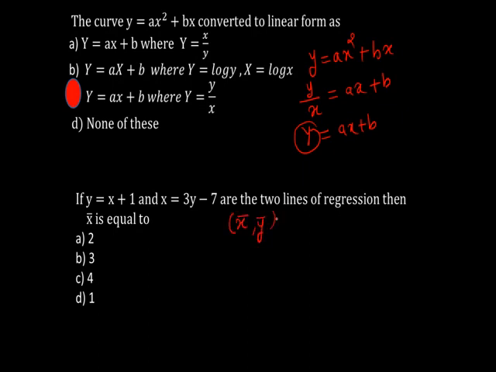So this point satisfies these two equations. The two equations will take the form y bar is equal to x bar plus 1 and x bar is equal to 3 y bar minus 7. Just replace x and y by x bar and y bar and solve the equations simultaneously.